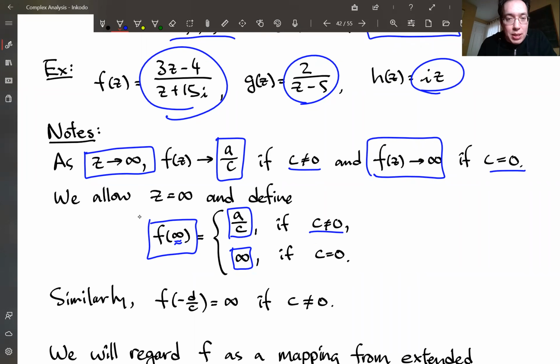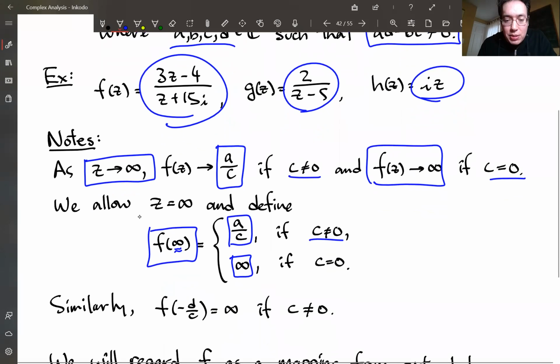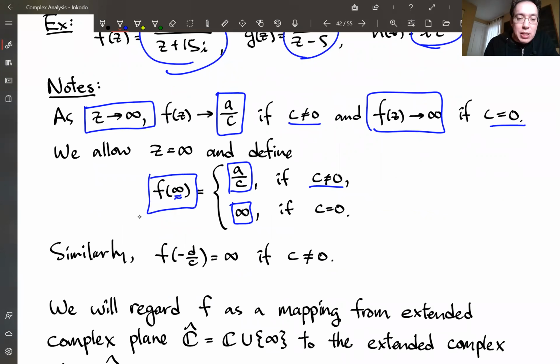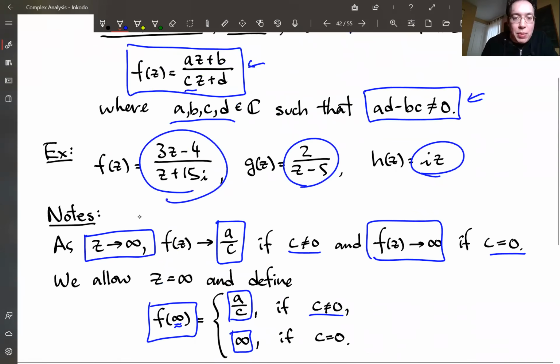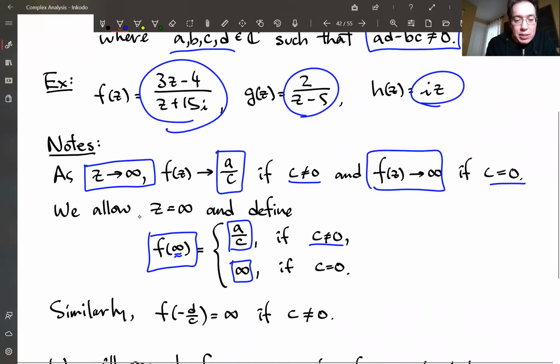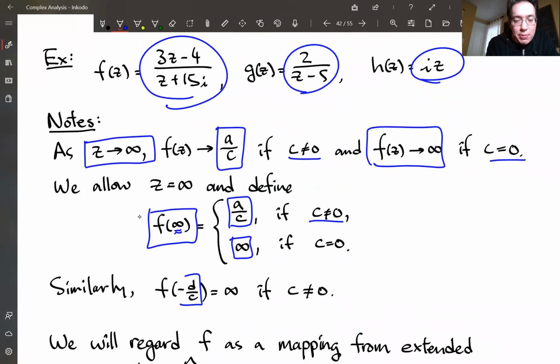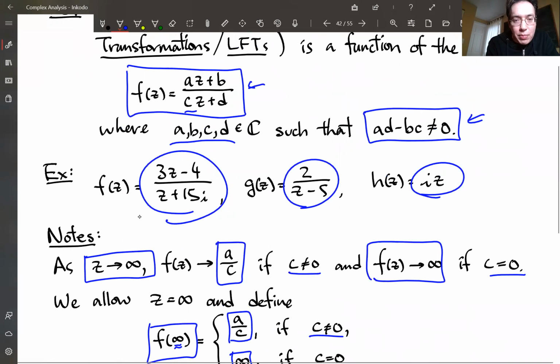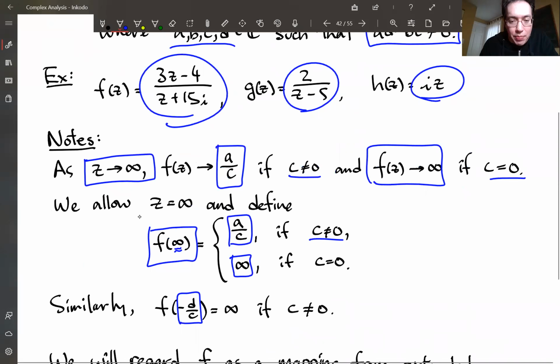Similarly, if the denominator is equal to 0, instead of saying that the function is undefined, we'll just set it as infinity. So if z is equal to negative d over c, then the denominator will be 0.